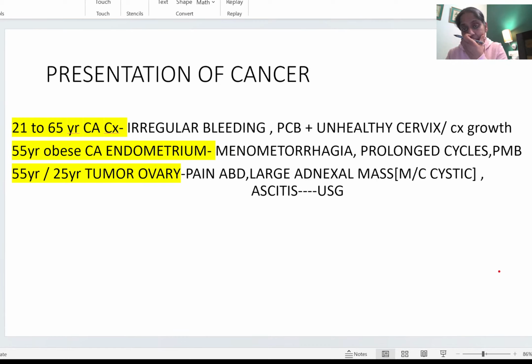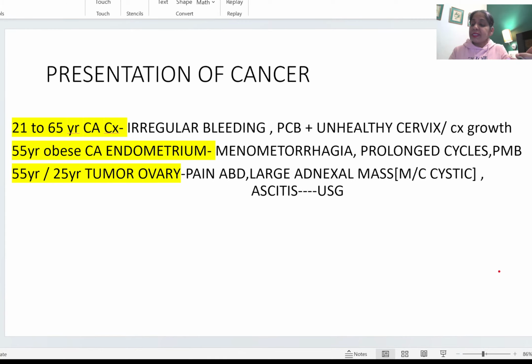Okay. So first of all, tell me how a CA cervix patient will present to you. Suppose you are a doctor sitting in the OPD, write down in the chat box with what complaints a CA cervix patient will come to you.